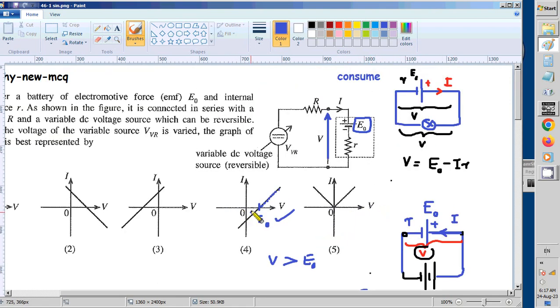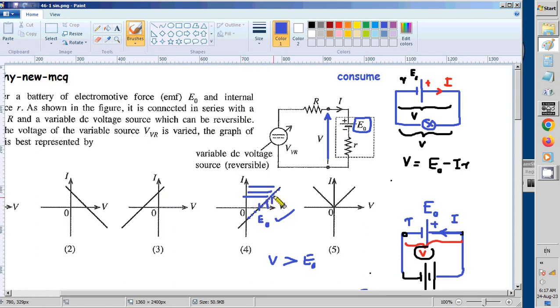Therefore, in this graph, they have received a current that is negative, but this part is correct. I will explain this part. Let us first see only the positive side. So this part is correct because the given external voltage is greater than the EMF of the battery, so there is a current.